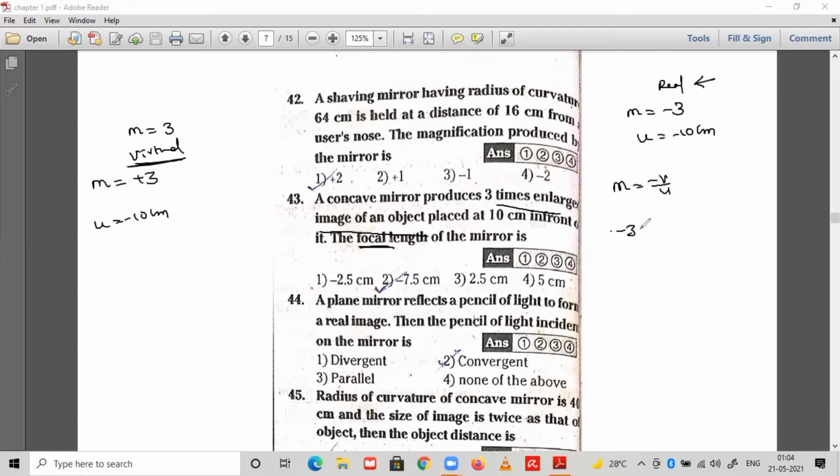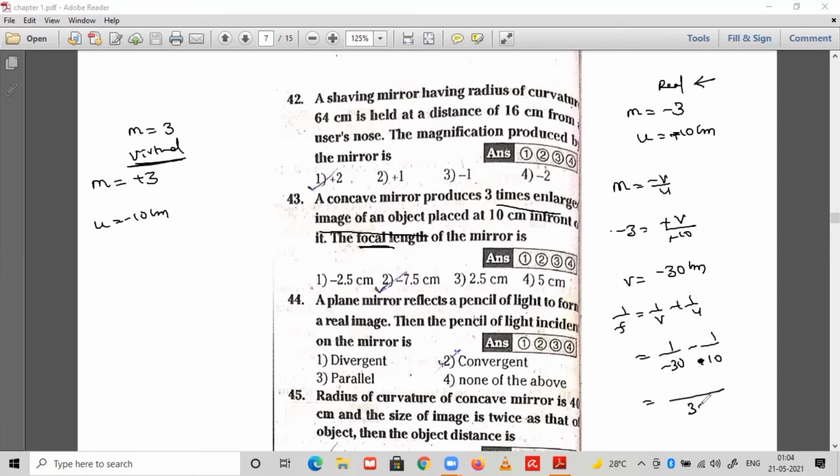M value is how much? Minus 3 is equal to minus v divided by u. No problem, you can take minus 10 also. Minus minus will get cancelled. V is equal to minus 30 centimeters. Now 1 by f is equal to 1 by v plus 1 by u. Substitute minus 30 and minus 10.